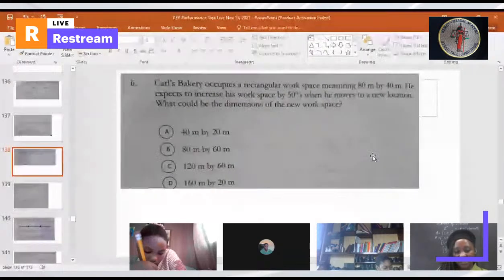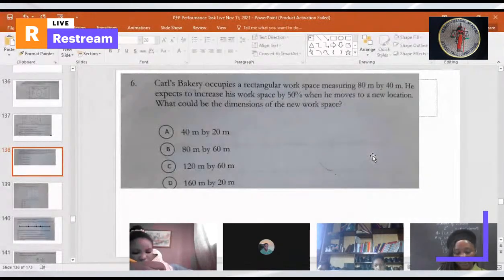Which of the options there, when you multiply them, gives 4,800? Okay, Miss, I would say 80 times 60. That gives you 4,800. And what letter is that?